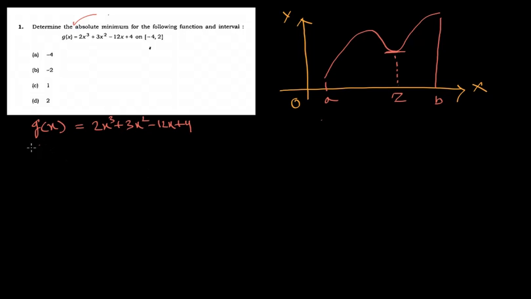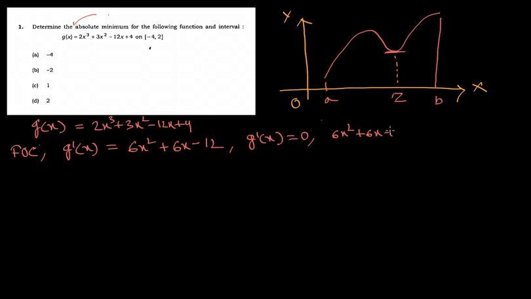For the FOC, our first order condition, we have to find g dash x, which is the first order derivative of this function, which is equal to 6x square plus 6x minus 12. We have to equate g dash of x with 0 to get our stationary points, so 6x square plus 6x minus 12 is equal to 0.